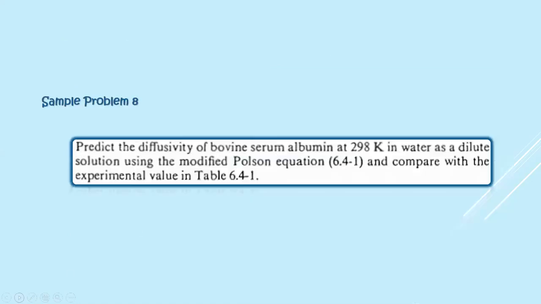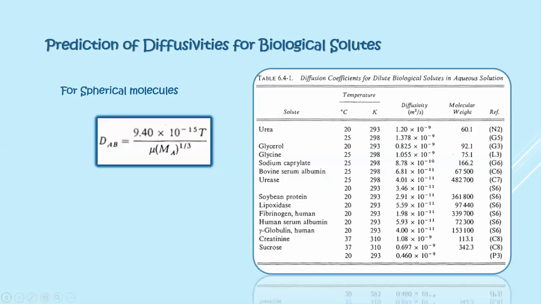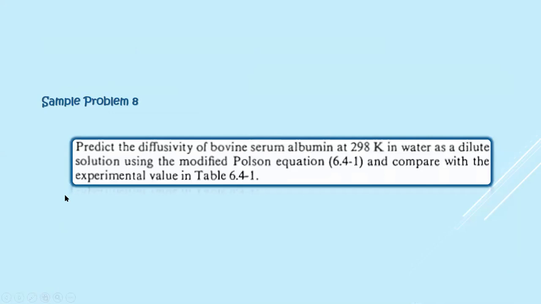Now we have a very short sample problem that will utilize the table that was shown to you. That way later on, if there's a need for you to utilize the table, you will know how, because you know the formula to use. In this problem you are asked to predict the diffusivity of bovine serum albumin at 298 Kelvin in water as a dilute solution using the modified Poisson's equation.